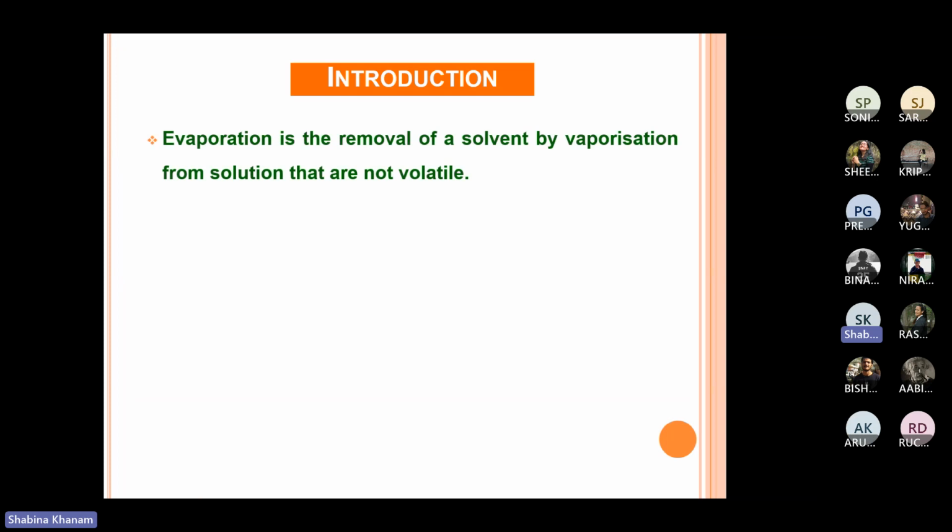When we consider the evaporator, the process is evaporation, which is nothing but the removal of solvent by vaporization of solutions that are not volatile. Okay, so that is the main thing, that the solute should not be volatile in nature. When we remove the solvent by vaporization, we consider that process as evaporation. It happens at any possible temperature.